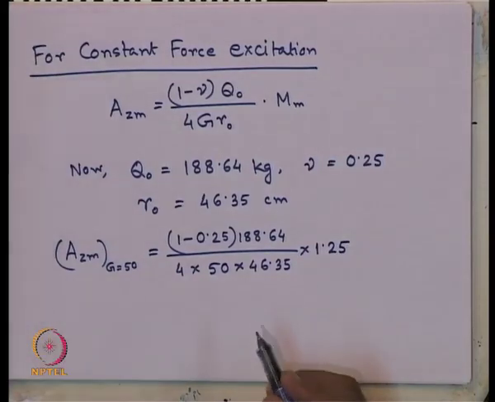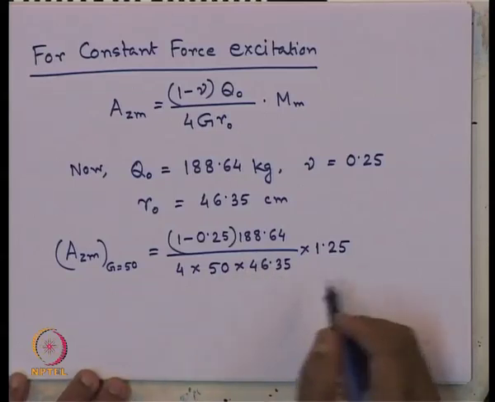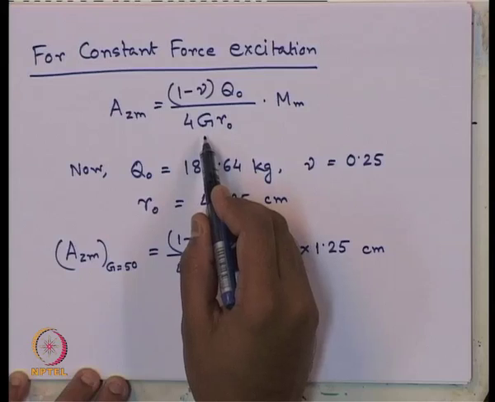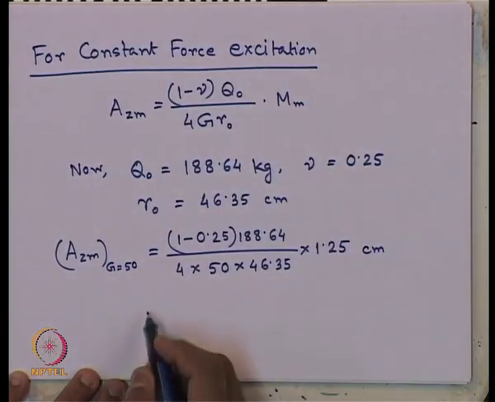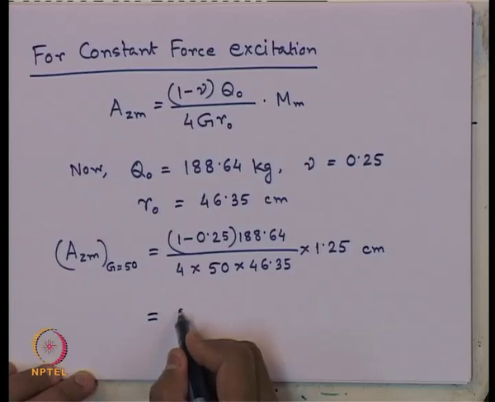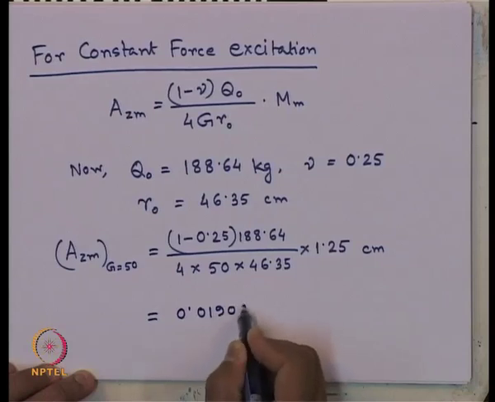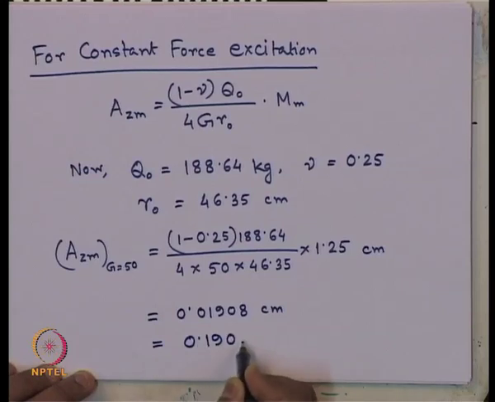What is the unit we should have from here? It will be in centimeter, because G is given in kg force per centimeter square and R naught is in centimeter, so centimeter remains. Calculating this, the displacement comes to 0.01908 centimeter, which is 0.1908 millimeter.